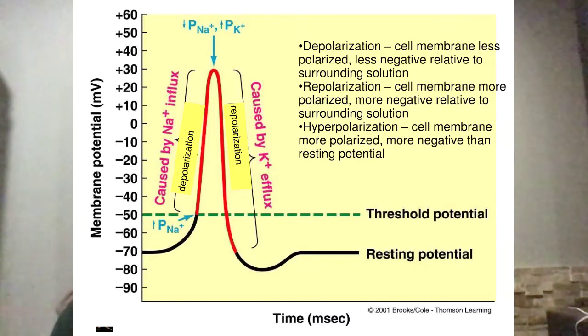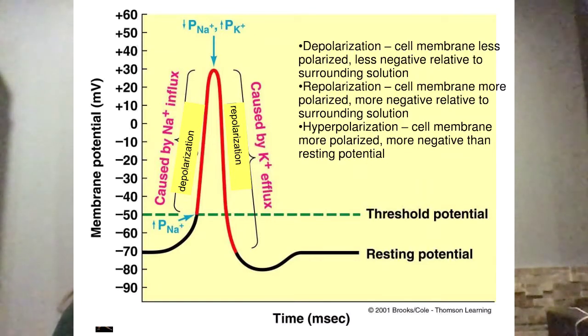Remember, there are potassium leak channels allowing potassium to move out based on its concentration gradient, but it's attracted back inside because the inside of the cell is negative and the potassium ion is positive. So it's attracted to move back in based on its electric gradient, or electrostatic gradient. You can just say electric gradient if you want.